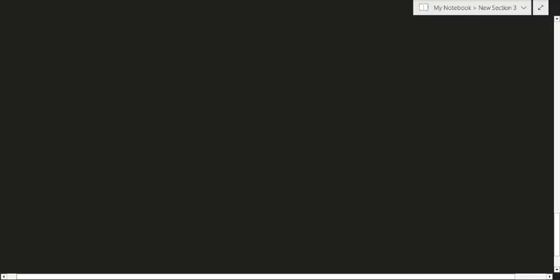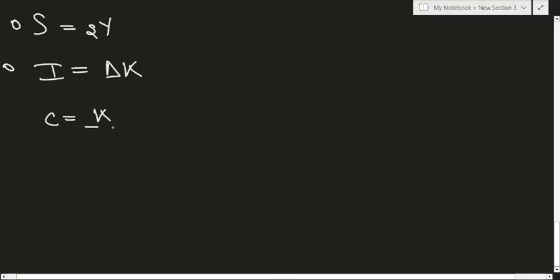Let us say we have net savings S equals small s into Y, where s is the savings rate. Our investment is the change in capital stock, delta K. Capital output ratio is K upon Y. Then we have C equals delta K upon delta Y, or delta K is C into delta Y.